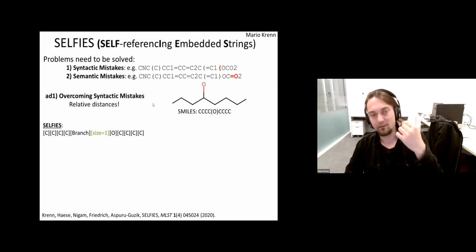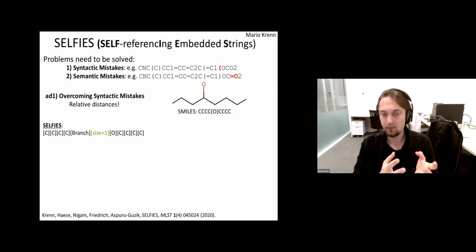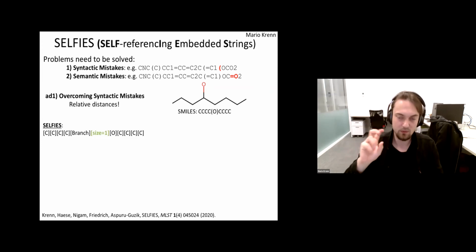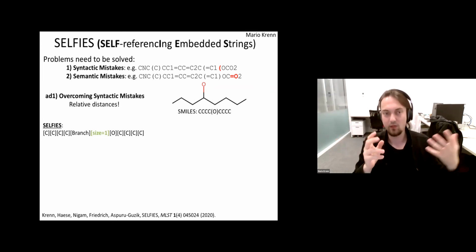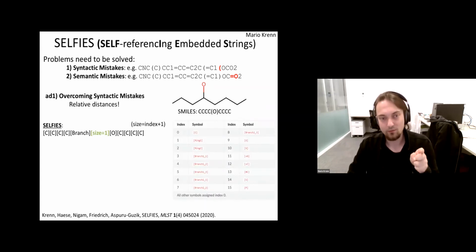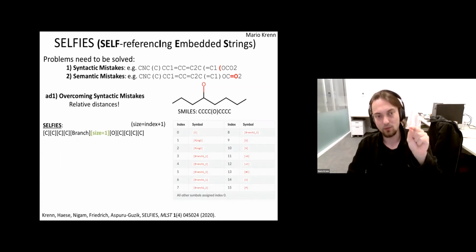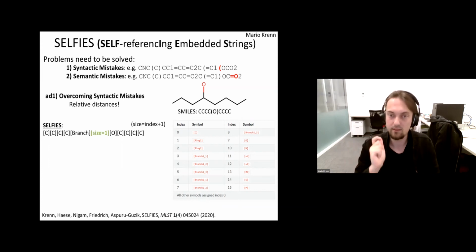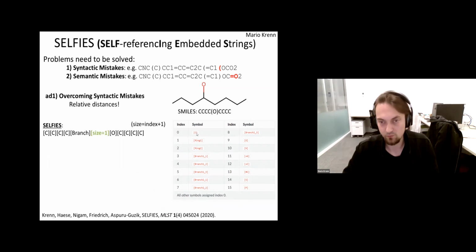Now, we cannot write the size as a number, because otherwise, if we used that number symbol without the branch symbol, this would again lead to invalid structures. So we use a trick. We define the next symbol after the branch symbol. We don't interpret it as an atom, but as a number, whatever it is. And we use this base 16 system, where carbon stands for 0 and so on, up to P, which stands for 15.